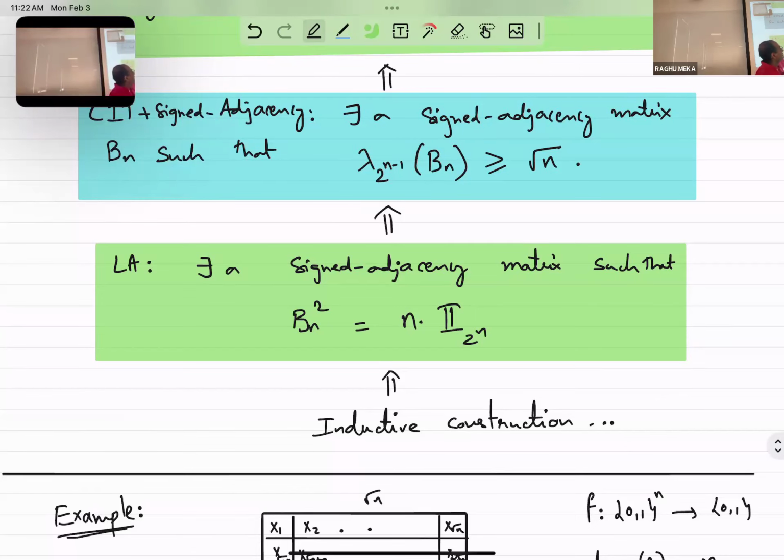We needed root n, we got exactly 2 to the n minus 1 eigenvalues which are root n, and 2 to the n minus 1 which are minus root n. Okay. All right. So this is the second topic, and I think that's all we are going to see about spectral graph theory, unless depending on how we go towards the end of the class. Okay.